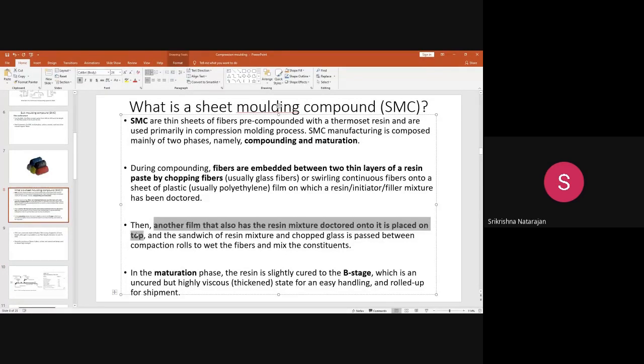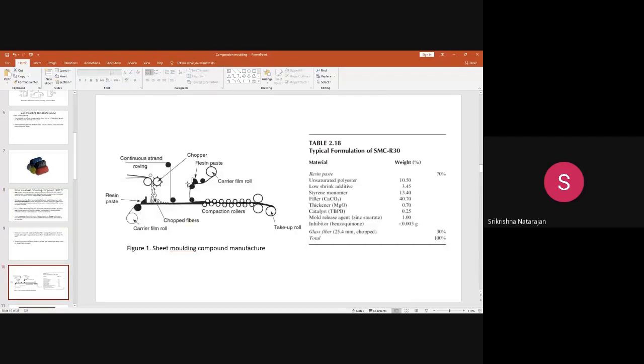In this diagram, continuous strand roving is passed, and a resin paste is infused, where another carrier roller is coming, so that between the continuous strand roving and this carrier film roll there is a resin paste, like a sandwich.